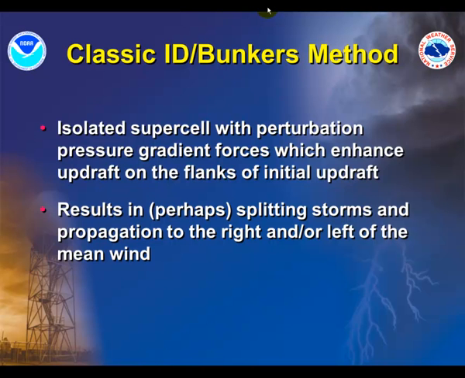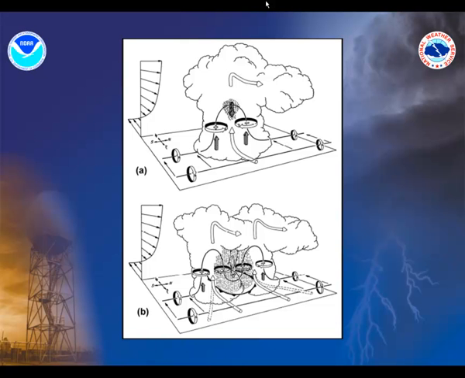So the classic ID Bunkers method: an isolated supercell with perturbation pressure gradient forces enhances the updraft on the flanks of the initial updraft. It results in perhaps splitting storms, and you have propagation to the right or left of the mean wind. And here's a classic Klemp diagram where you have time A here, a developing storm in a sheared environment.